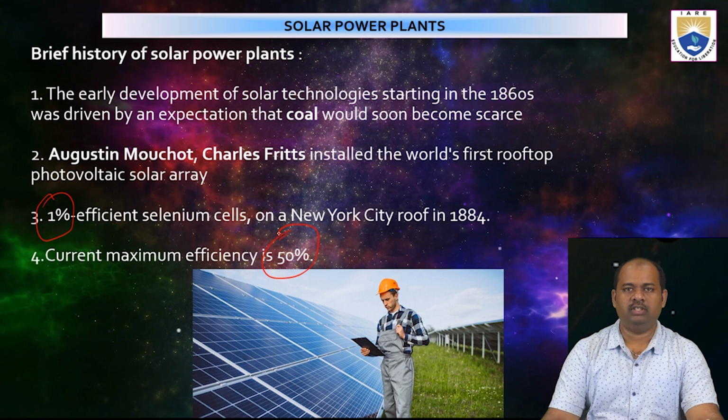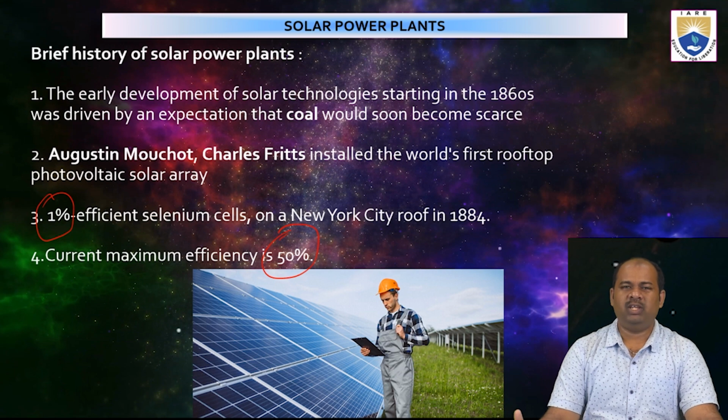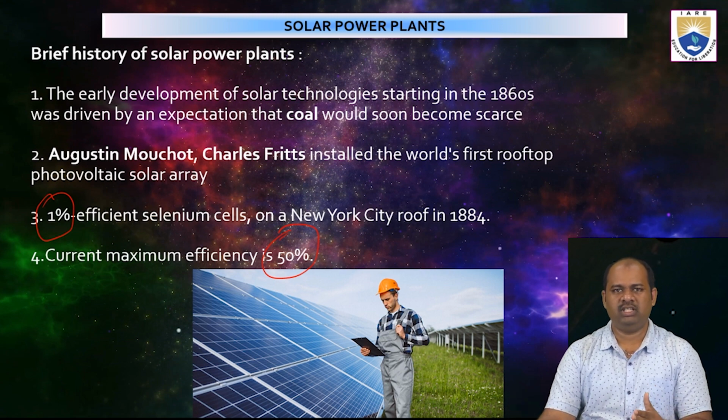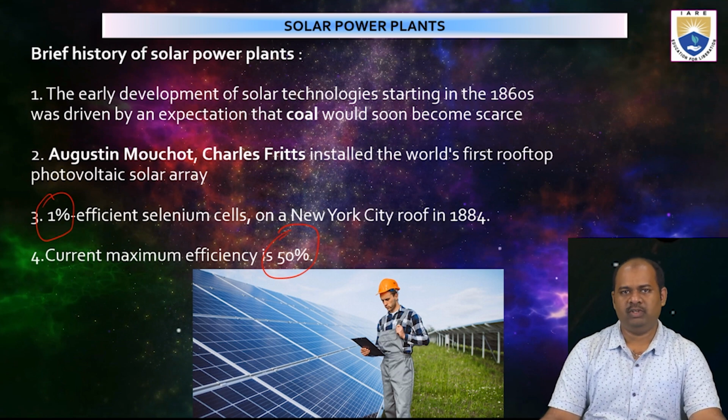The maximum efficiency of any solar plant is only 50%. So, what happens to the remaining 50%? Most of the solar radiation is emitted in the form of heat. It is lost in the atmosphere. It is somehow not grasped by the solar panels. That is why the maximum efficiency that can be attained by any solar panel is about 50%.